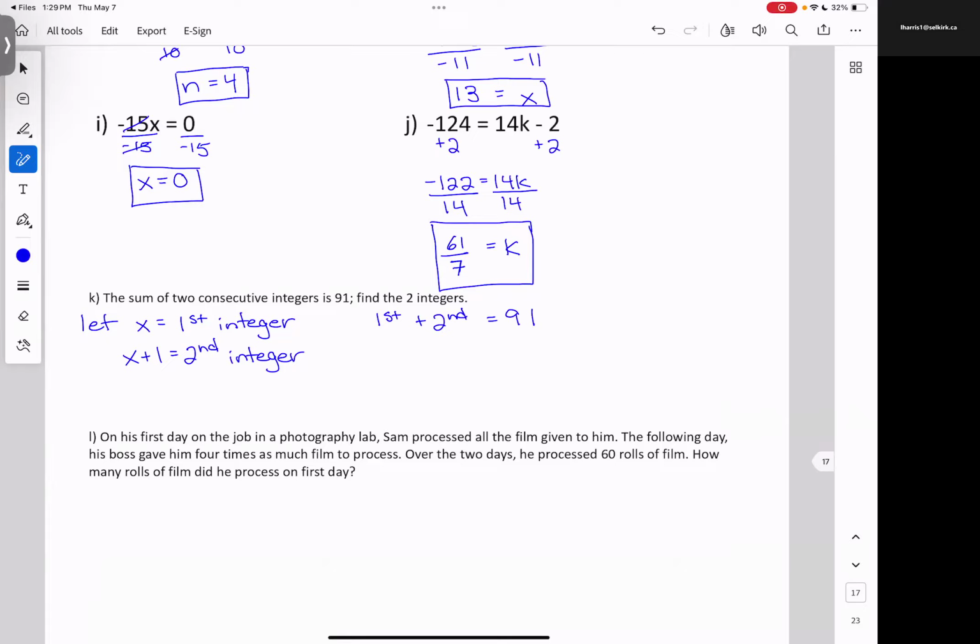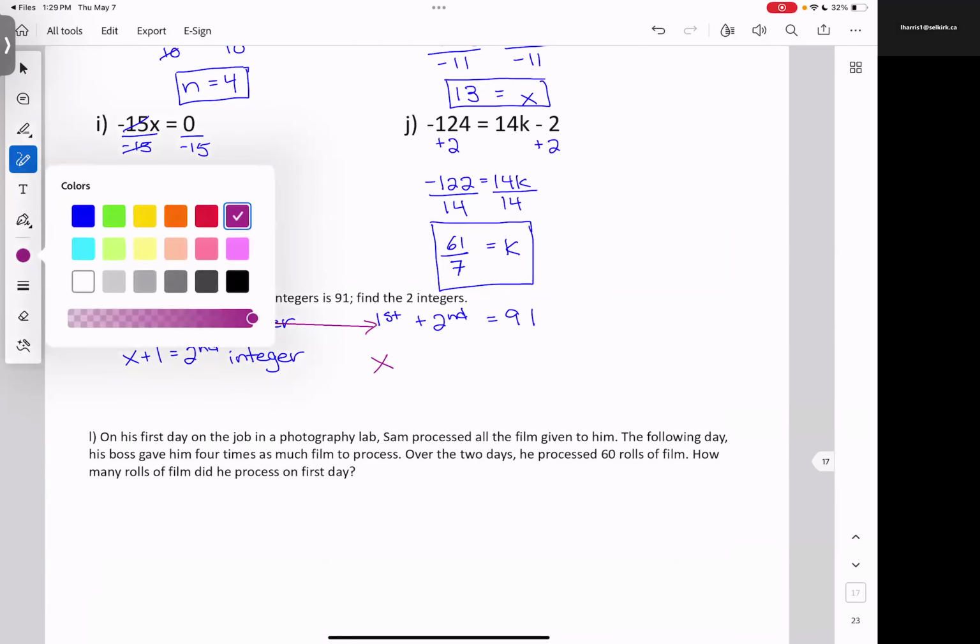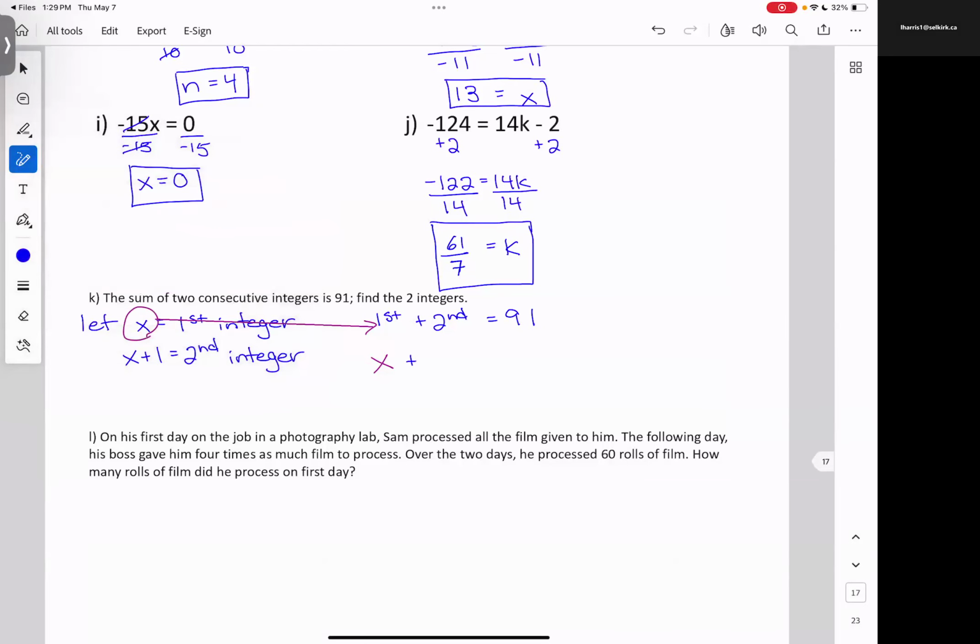My first integer is x. So here's x. And then we've got plus my second integer, I said, was x plus 1. So it's going to be x plus 1. And those two integers together equal 91.